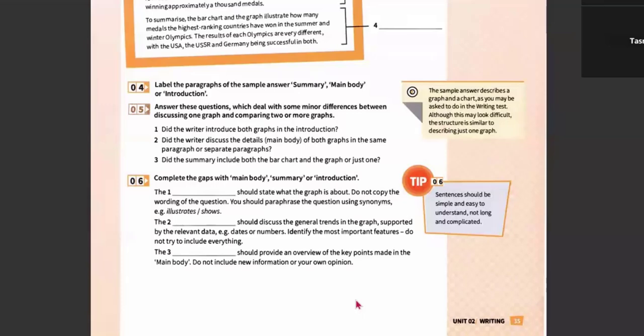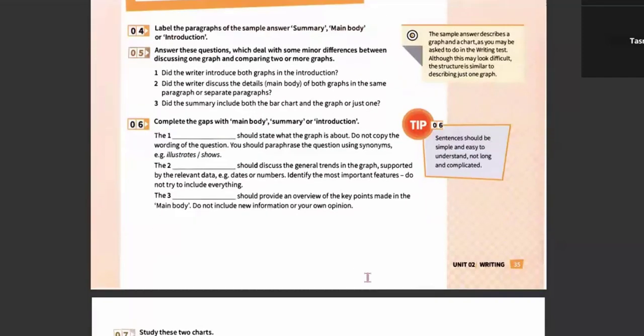Lastly, in the summary or the conclusion, we have to give an overview of the key points made in the body. So every relevant data that we presented, we just need to give an overview or a complete summary of, and we should not include any new information from our side, or any personal opinions, like I said before.